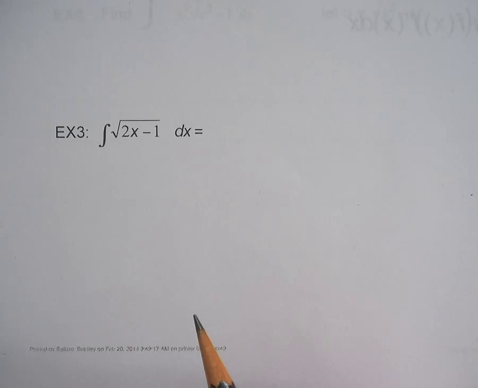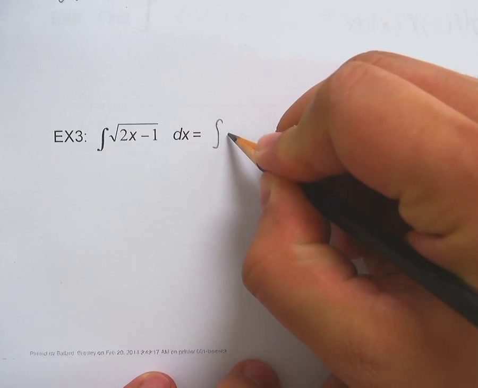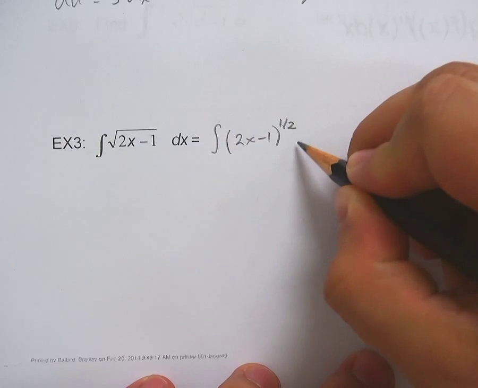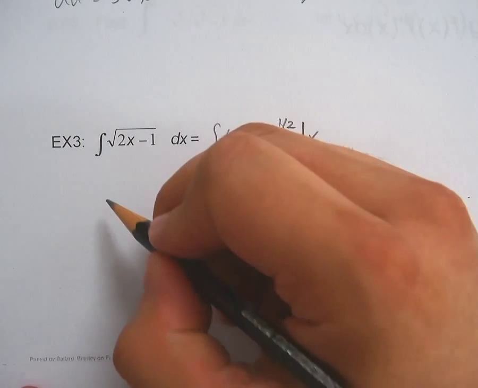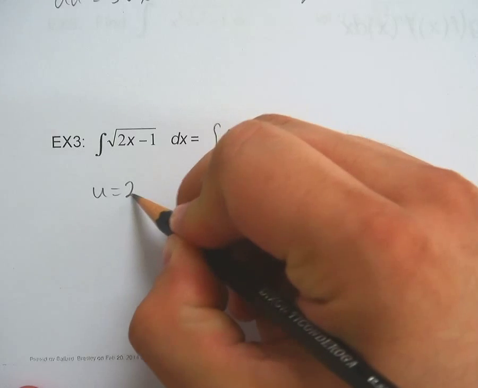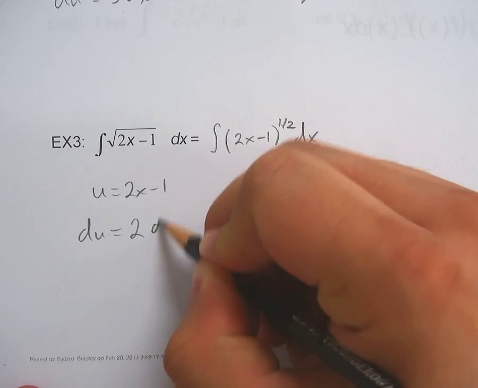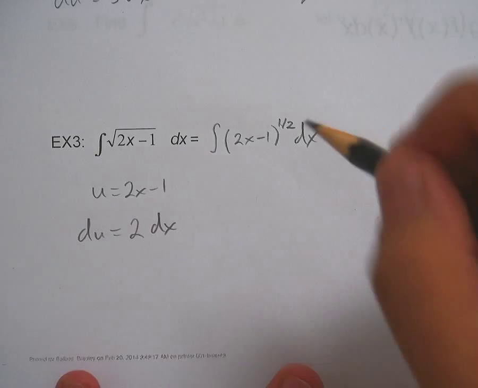So example number 3 here. The first thing I would do right off the bat is rewrite this as (2x minus 1) to the 1/2. That lets me see it pretty easily that 2x minus 1 is going to be u. So du is 2 dx. Now, there's a problem with this.